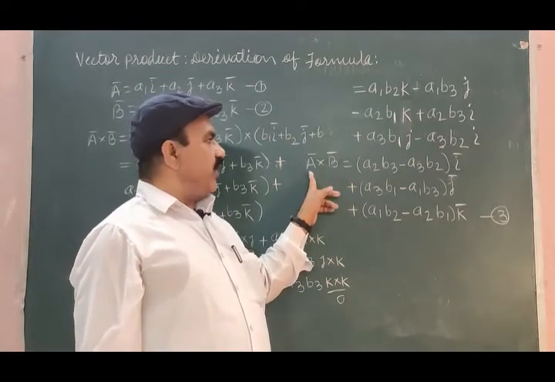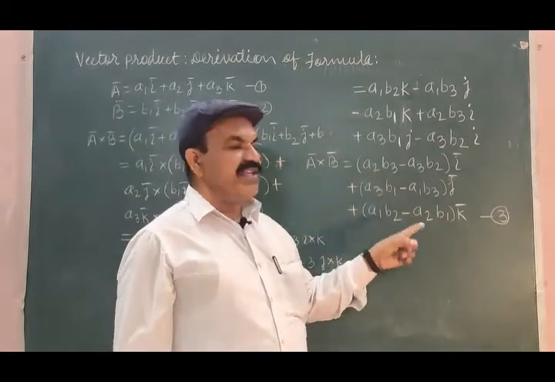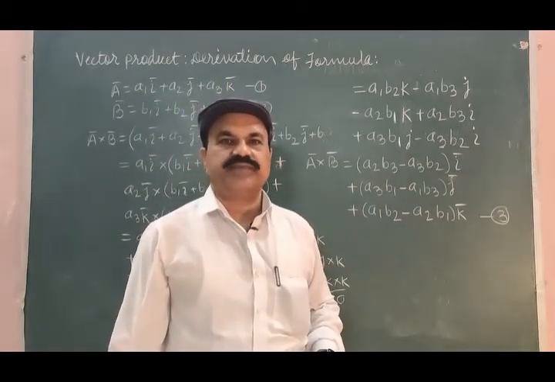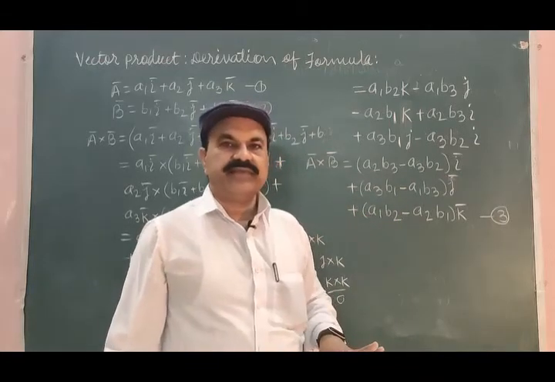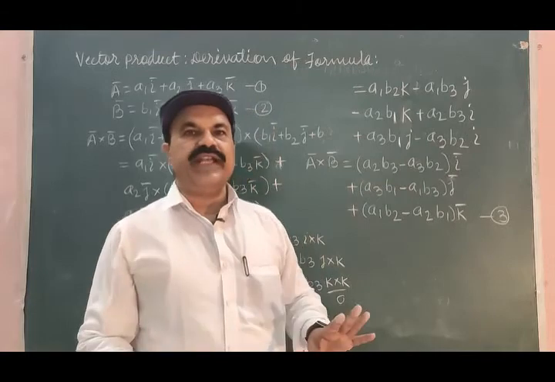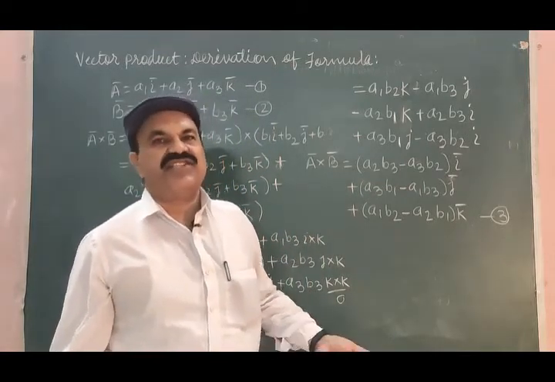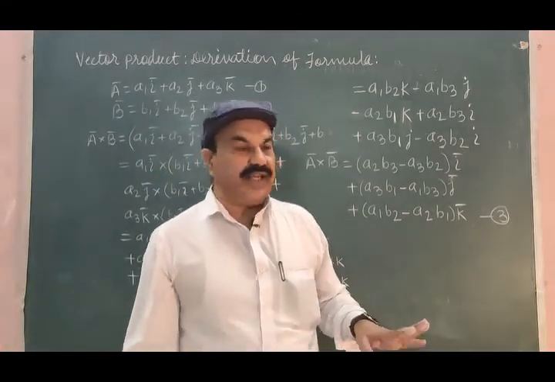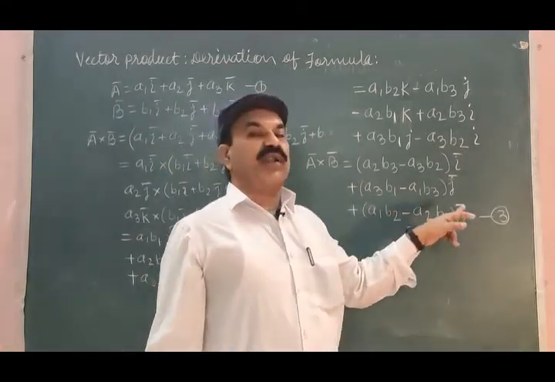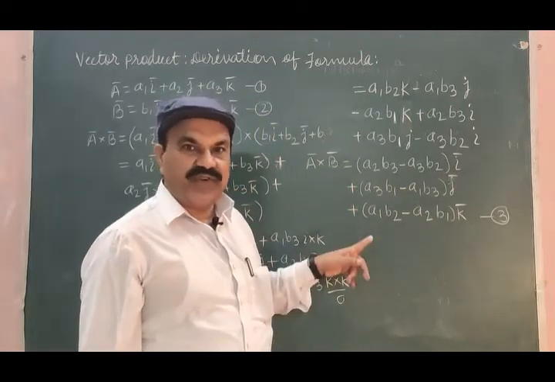Whenever we have 2 vectors, the cross product of 2 vectors is always given by this formula. If you remember this formula, there is no need to remember the rules: what is I cross I, what is J cross J, what is K cross K, etc. What is the formula?